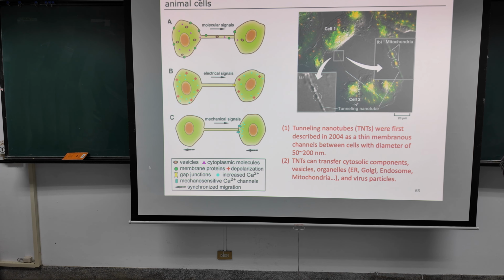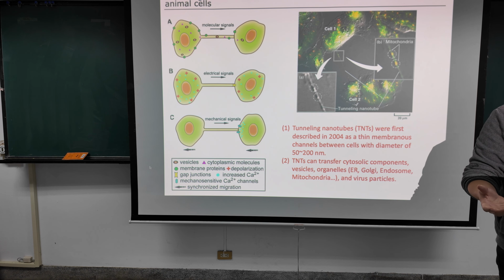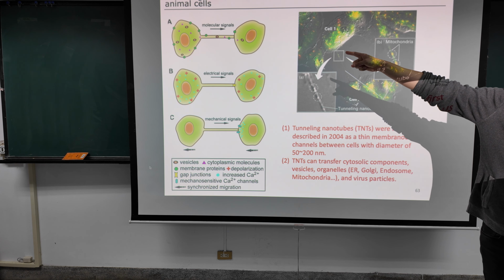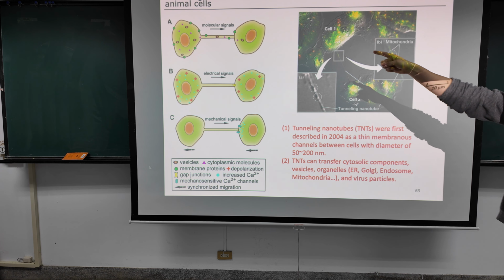A tunneling nanotube can connect two membrane cells, and it can basically deliver anything. It can deliver organelles, vesicles, proteins, and charge. It can also deliver virus. If one cell is infected by HIV, it can infect other cells through this tunneling nanotube. The virus can travel between the cells through this nanotube.